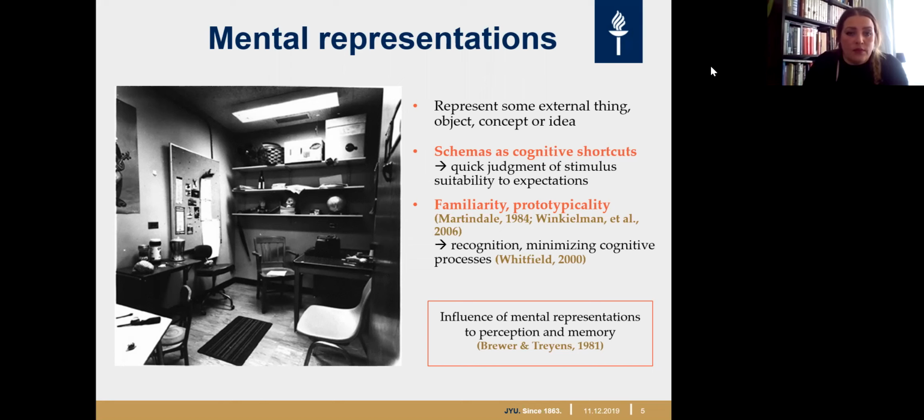So before entering the room, they of course create mental representations of the issues that they expect there to be, and which highly influences what they exactly see in there. For example, there's a skull on the shelf, so that was not reported because that's not something that you usually expect to encounter in a context like this.